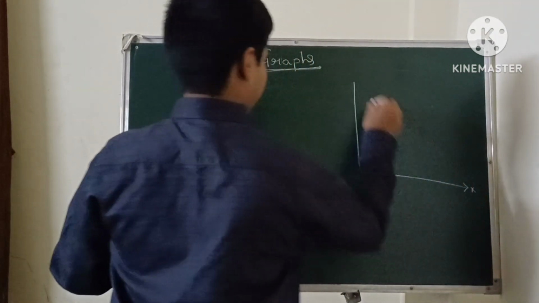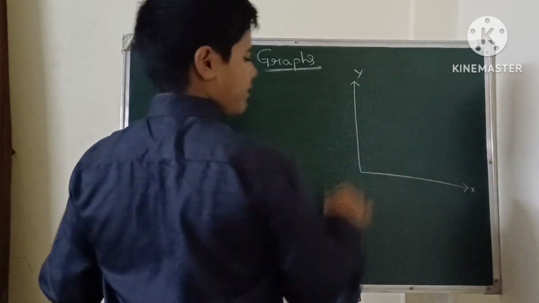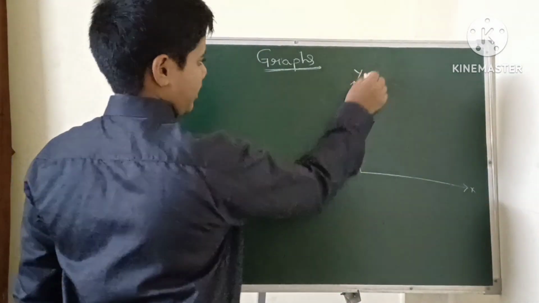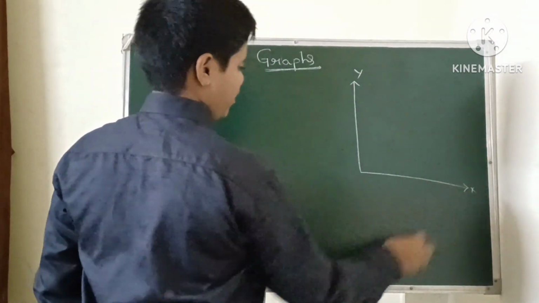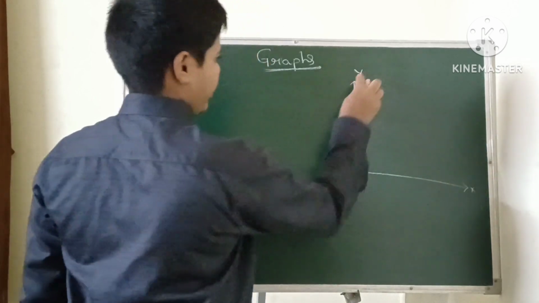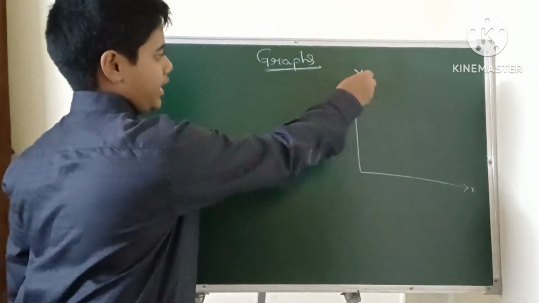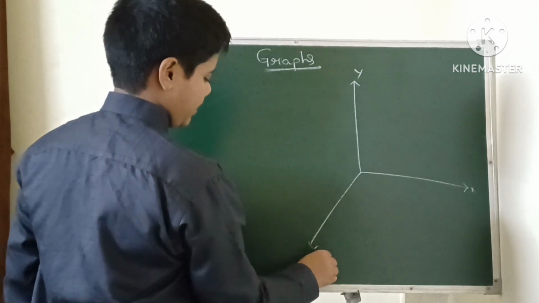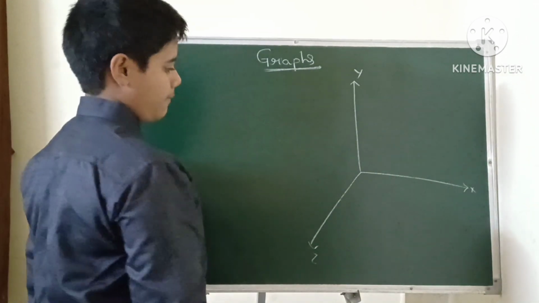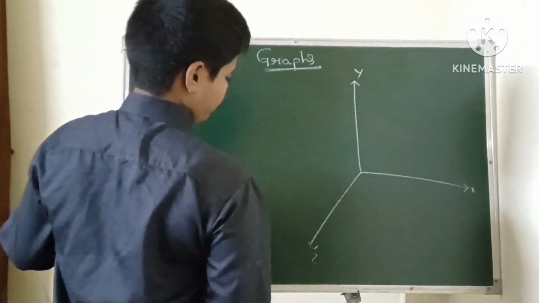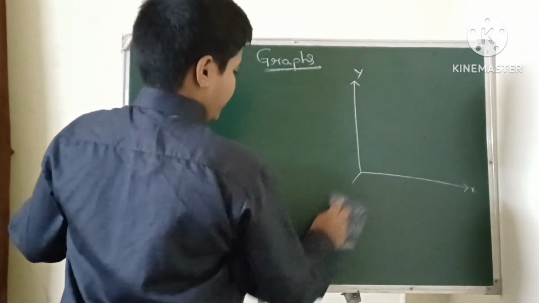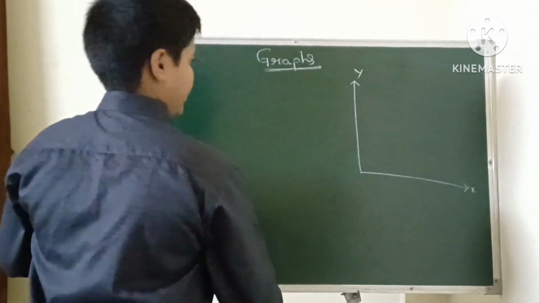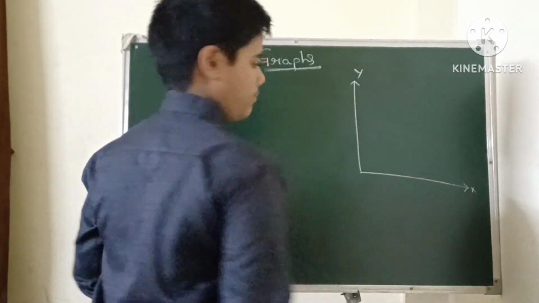So this is x-axis and this is y-axis. So this is x coordinate and y coordinate, or x-axis or y-axis. So another axis is there. This is z-axis. Okay. So we don't use the z-axis, only x and y.